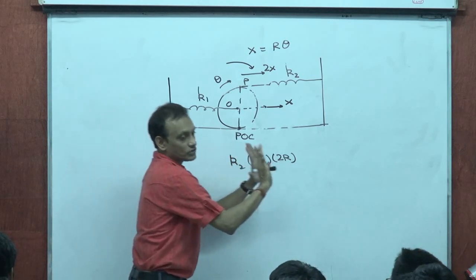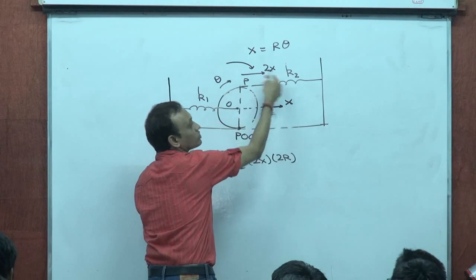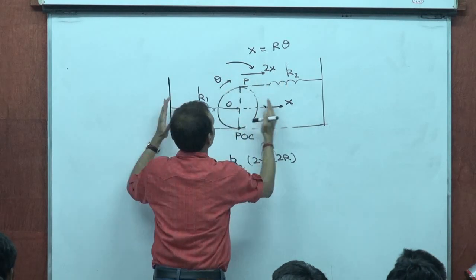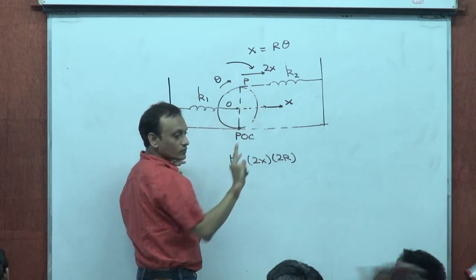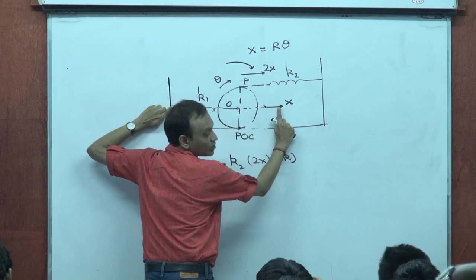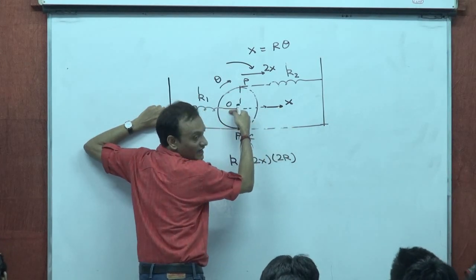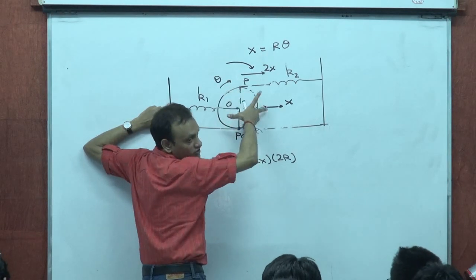If this moves to the right, then this is the sense of torque that this exerts. If this elongates and it's on this side, then same sense, opposite to theta. See, this is elongating. So spring force is like this. So about the point of contact, the sense of the torque is still opposing theta.